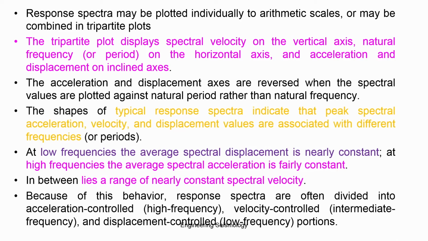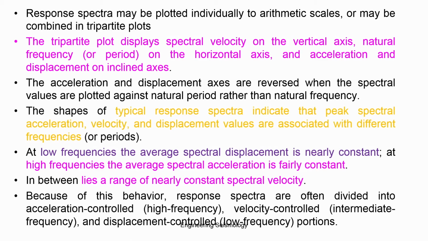Individually you can take each response spectrum, combine several of them, and plot them in the tripartite plot, and then you will understand which component comes in the velocity part, which in the displacement part, and which in the acceleration part. So that we can analyze. The acceleration and displacement axes are reversed when the spectral values are plotted against natural frequency rather than natural period.